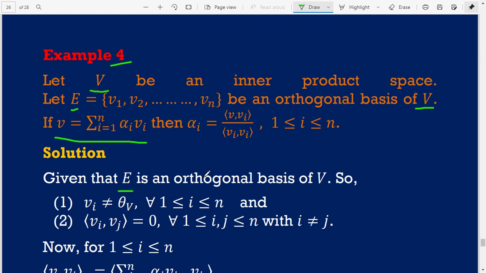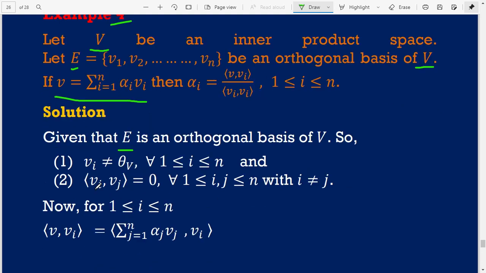Given that E is an orthogonal basis of V, so by the definition of orthogonal basis, first, Vi is not equal to 0 vector for every 1 ≤ i ≤ n.